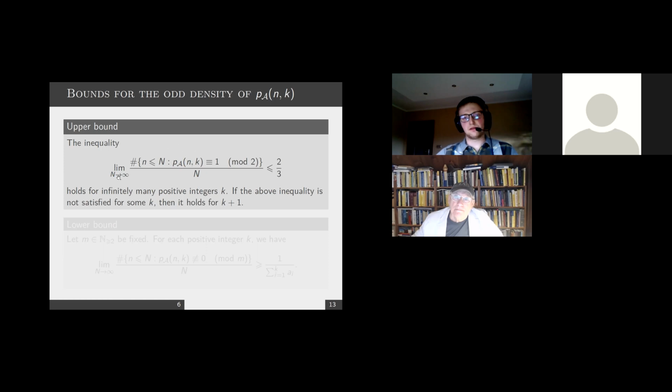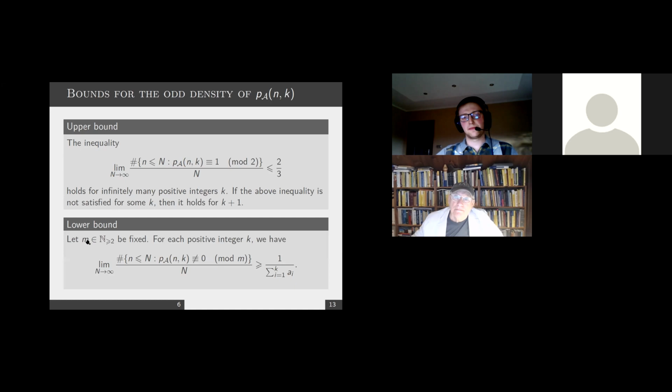In the case of the lower bound, we can give a bit more general version of the theorem, because we can fix a positive integer m greater or equal to 2, and then for each positive integer k, we have that the density of those positive integers n for which the restricted partition function is not congruent to 0 modulo m is greater or equal than 1 over the sum of the first k elements of the sequence A. It is worth mentioning that both of these theorems are not optimal.